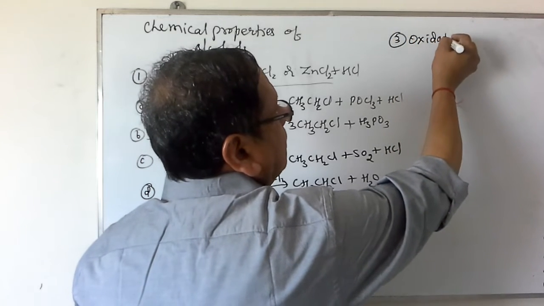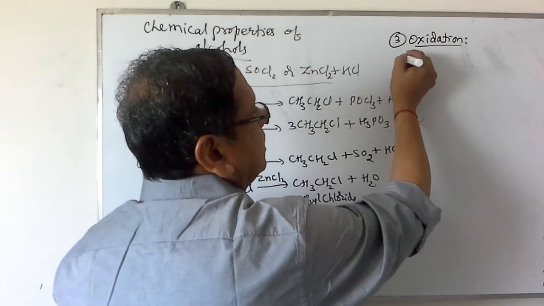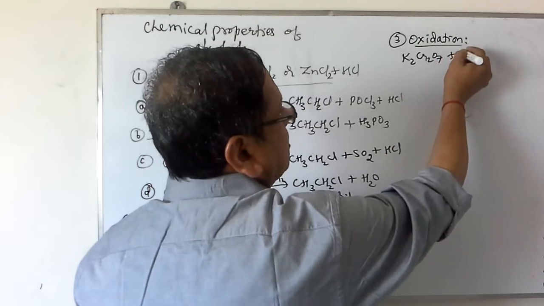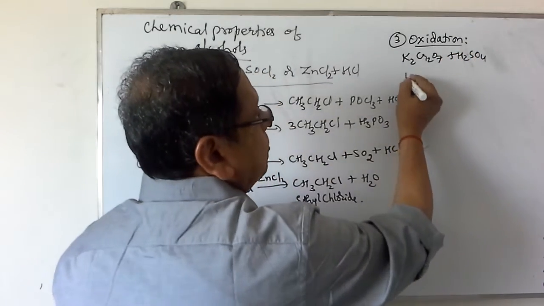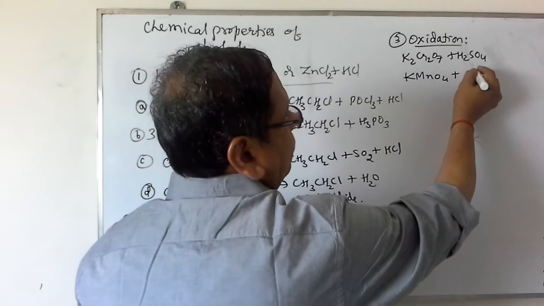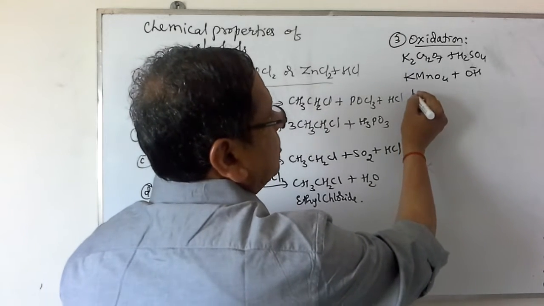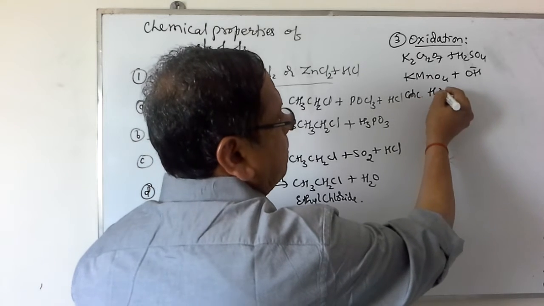Oxidation reaction. The oxidizing agent that we can use is potassium dichromate in presence of concentrated H2SO4, or potassium permanganate in presence of an alkali like sodium hydroxide, or we can also use concentrated HNO3.